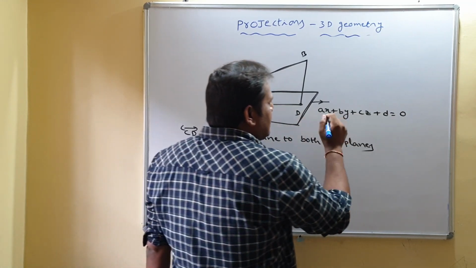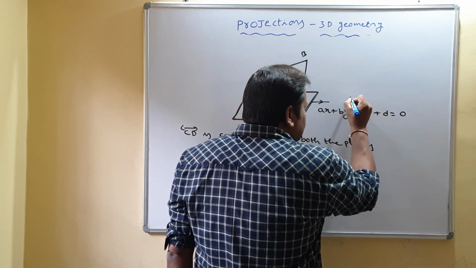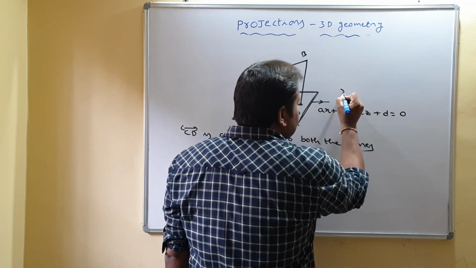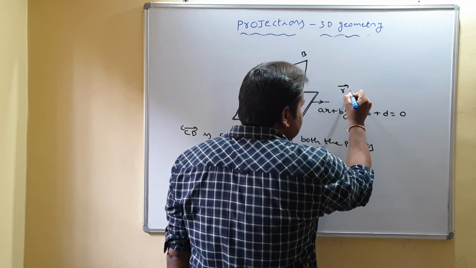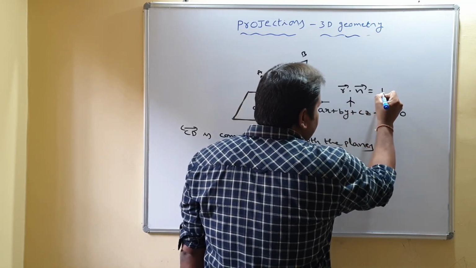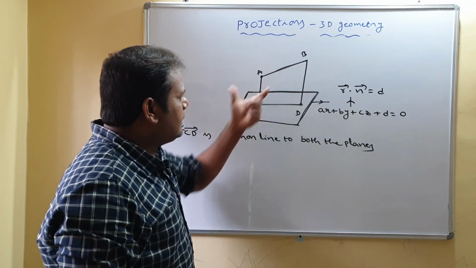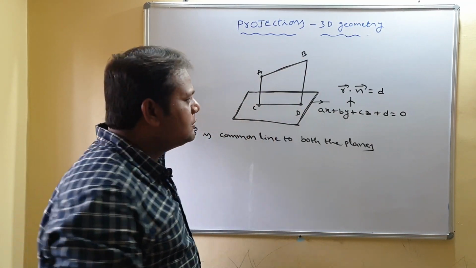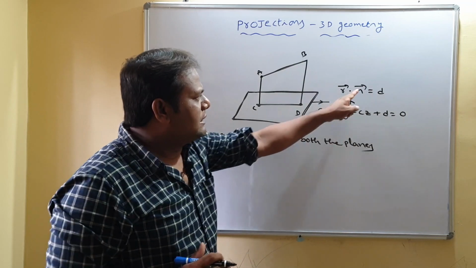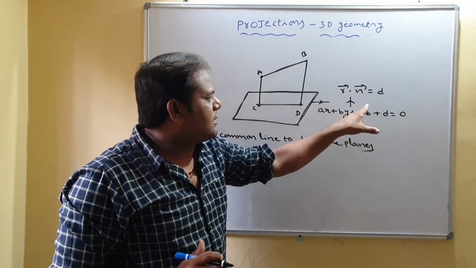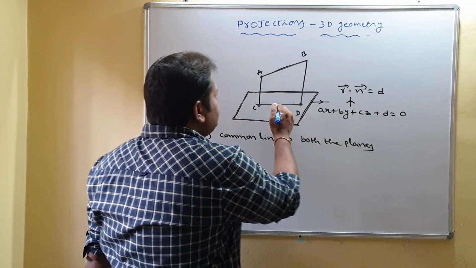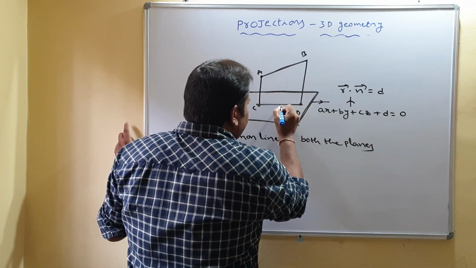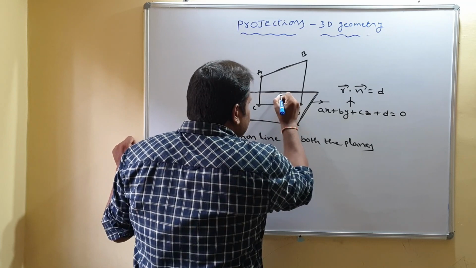Suppose I take the plane equation in vector form. You know the equation of a plane in vector form is r bar dot n bar equal to d. And here we have to find the plane ABCD. What is n bar? n bar is the normal vector to the given plane. So you take one normal vector to this plane, this is that normal.